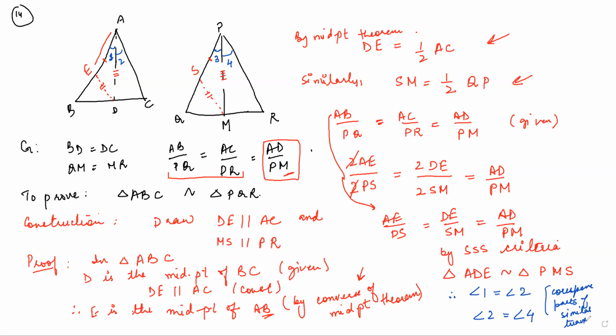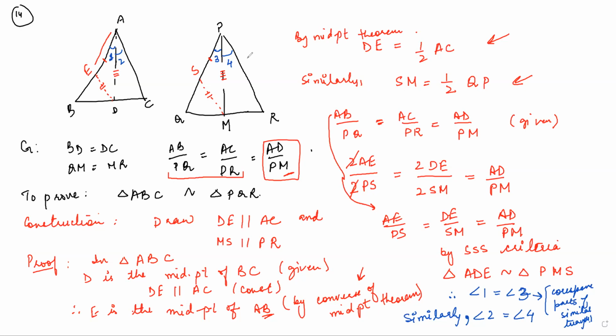How is angle 2 equal to angle 4? Angle 1 is equal to angle 3, corresponding part of similar triangles. Similarly, if I repeat the whole process, doing the construction on the right hand side, I'll get angle 2 is equal to angle 4.